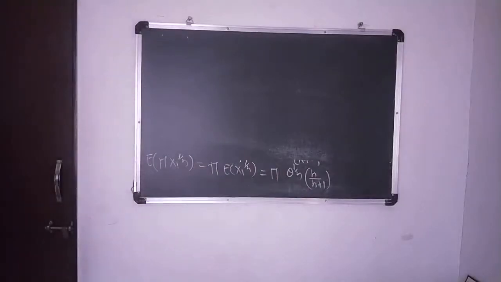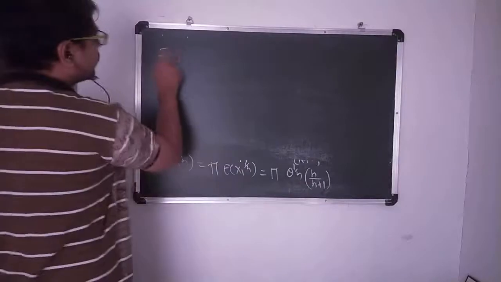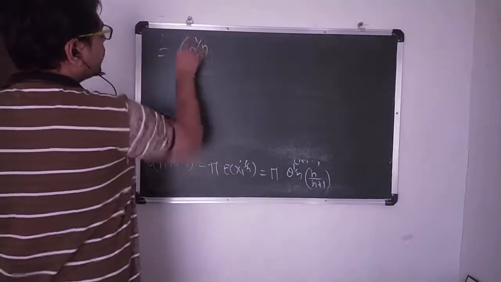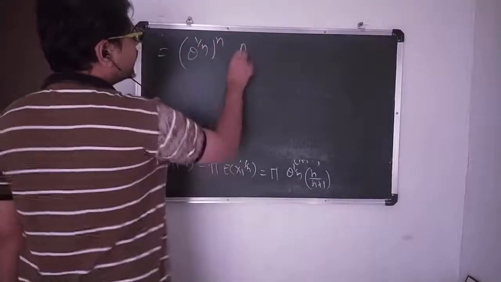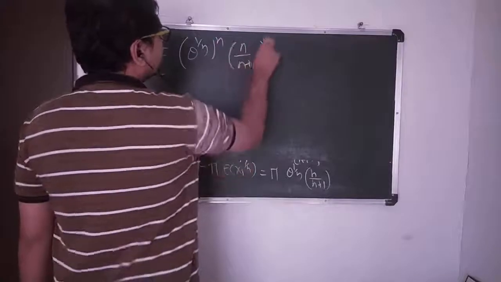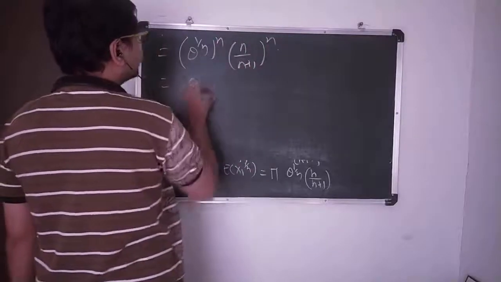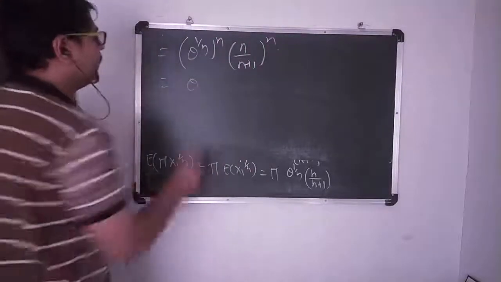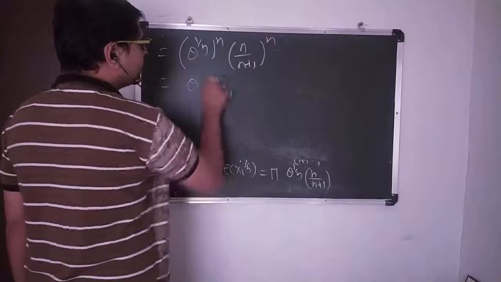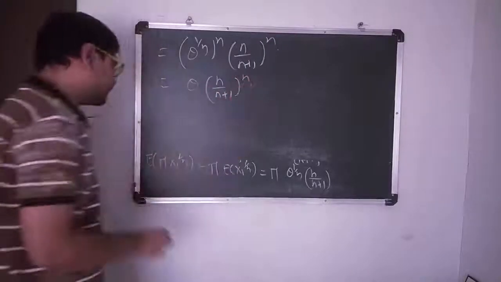This is a product of constant terms. So this can be written as theta raised to 1 upon n raised to n into n upon n plus 1 raised to n, and this is equal to theta into n upon n plus 1 raised to n.